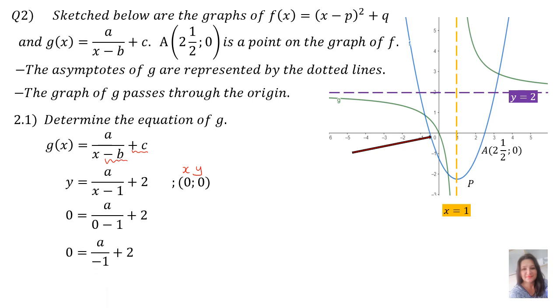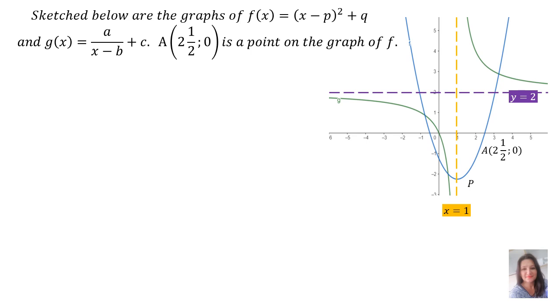Under the line 0 minus 1 is minus 1. a divided by minus 1 is negative a. Let the 2 walk across. Minus 2 is equal to minus a. Divide away the minus. a's value is 2. Therefore, g's equation is y is equal to 2 over x minus 1 plus 2.